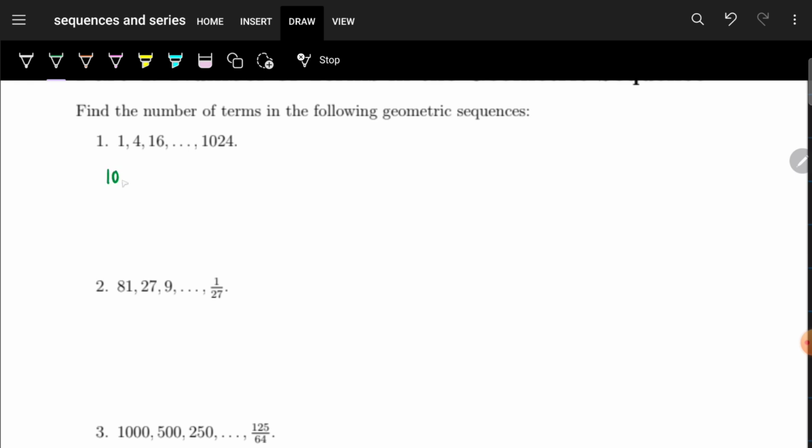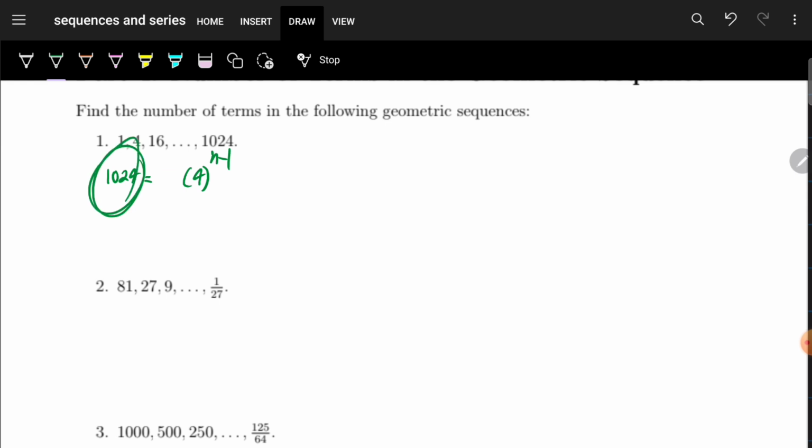I'll do it a little bit faster than the first time, just because we know the explanation now. So 1024 is equal to, we want to figure out which term number this is, right? So we're going to set it equal to the first term times the common ratio, which is 4 to the power of n minus 1. So the 1 here doesn't really matter. We can even remove it.